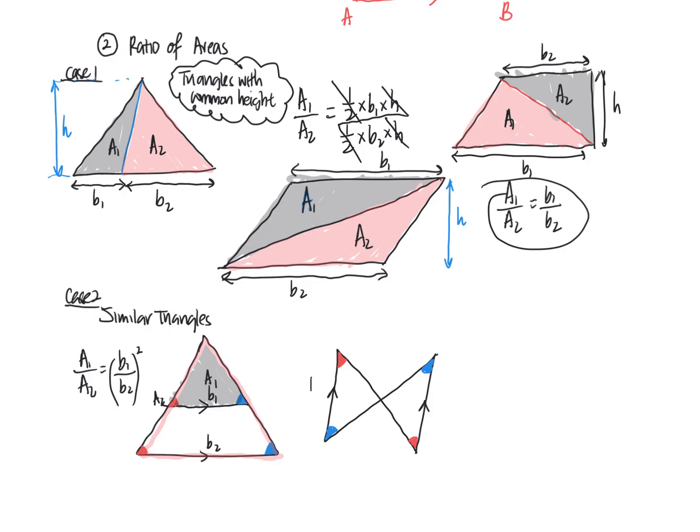Let's say this one is B1, B2, and I call this triangle A1, this one triangle A2. Okay, I recap, I don't say you never learned before. So A1 is to A2 will be B1 is to B2 squared. So these two are similar triangles. When they ask you to find the ratio of the area, remember to square the ratio.